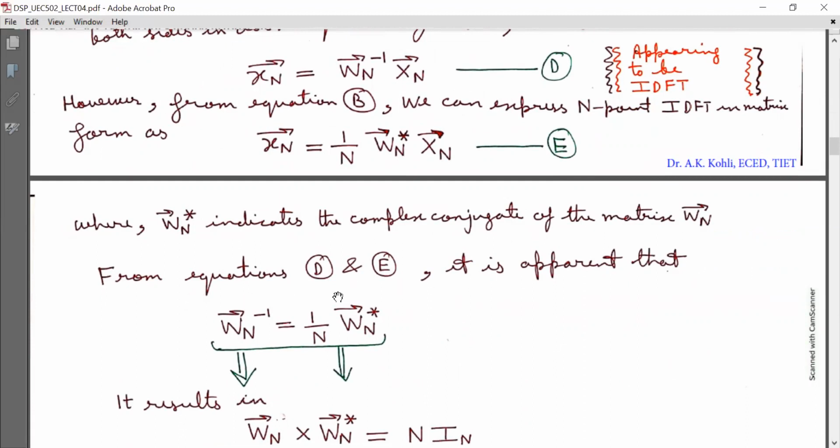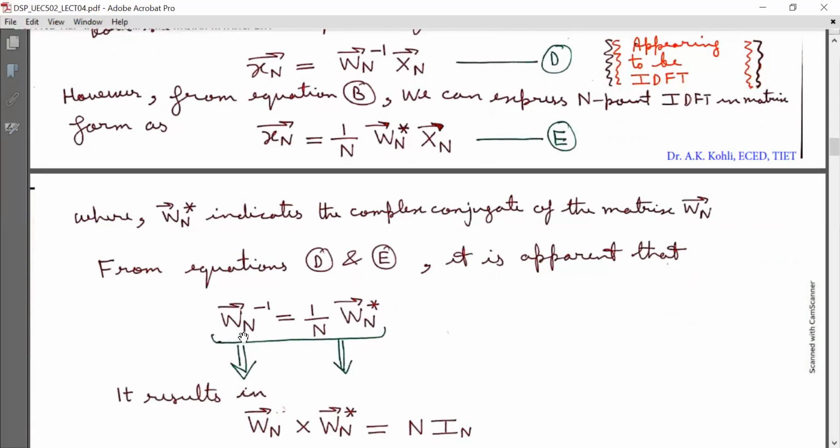So from equations D and E, it is apparent that the inverse of capital W matrix is equal to 1 by N into the conjugate of capital W matrix.